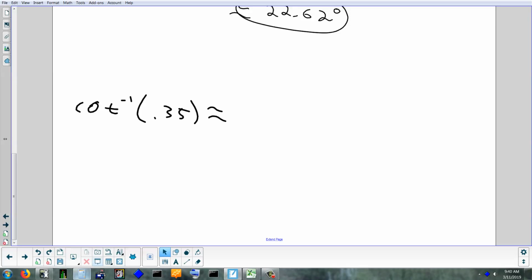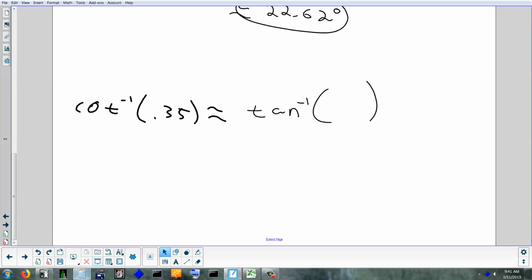So what's the first thing you do? Switch the trig function to inverse tangent. Switch it, flip it. It's like set it and forget it. Switch the trig function, and now the last thing is flip it.